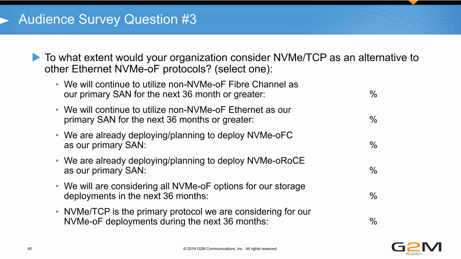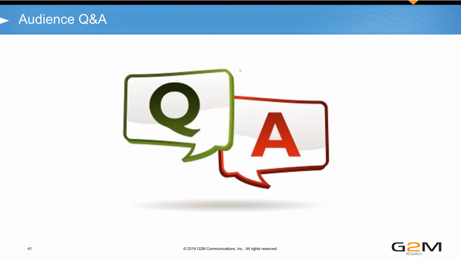Just one thing I will say, Mike, with regard to congestion for NVMe over TCP: anybody who understands TCP knows TCP is an aggressive protocol, and it is possible that switch buffers might fill up, causing lost packets and retransmissions.